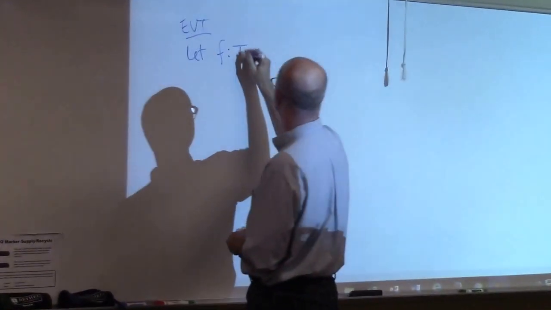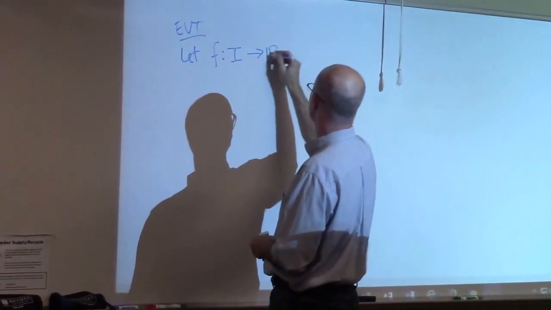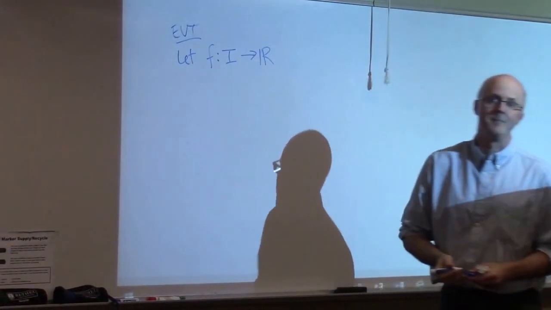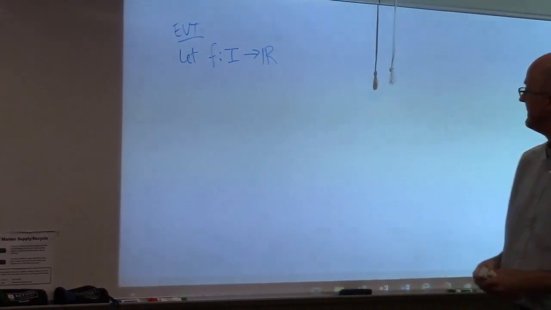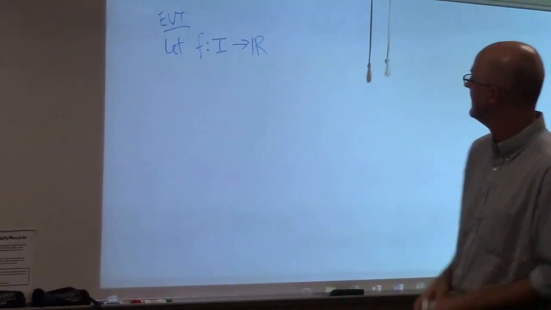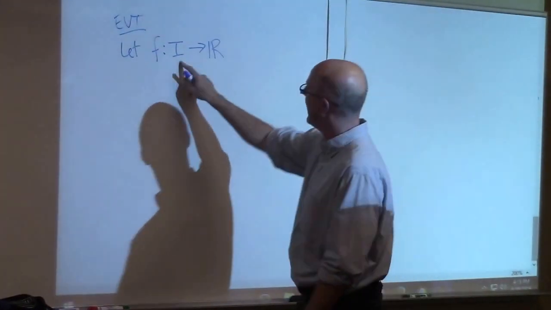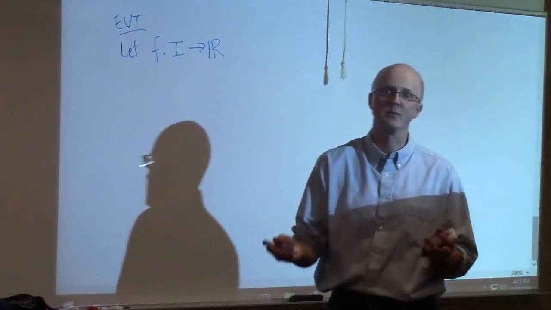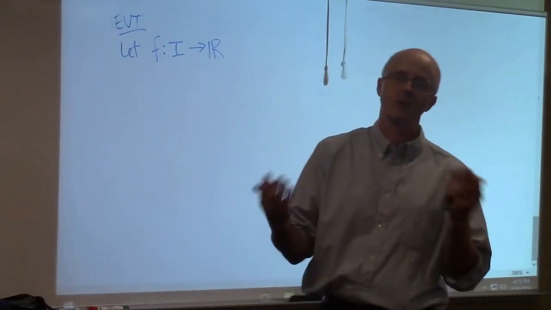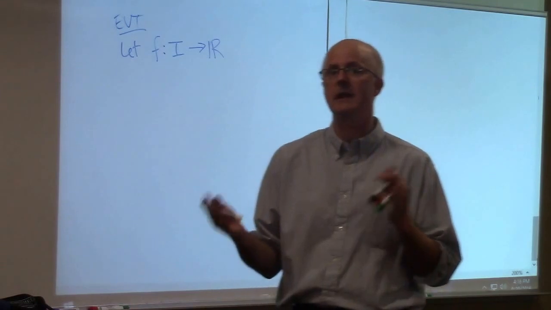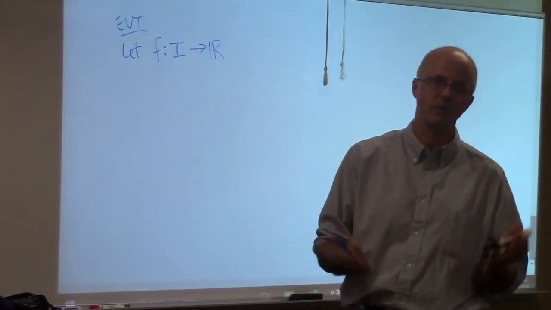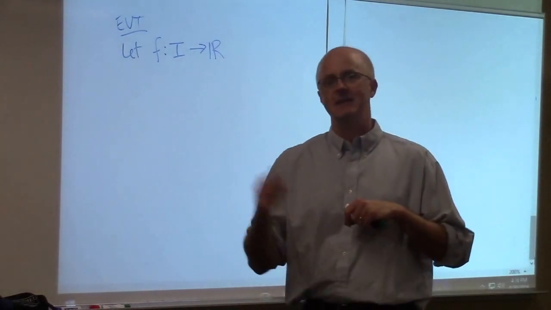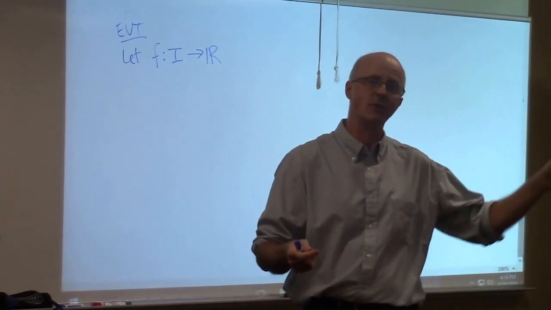When I write something like this, I am implicitly meaning that f is a function defined on an interval. I will represent an interval. In general, it could be any kind of interval: an open interval, a closed interval, a half open interval, half closed, including one endpoint and not the other. It could go off to infinity.